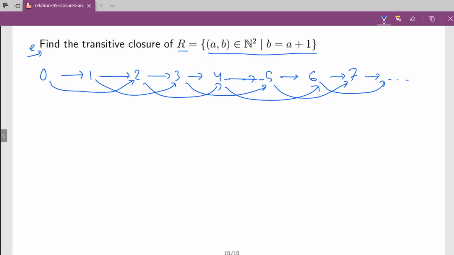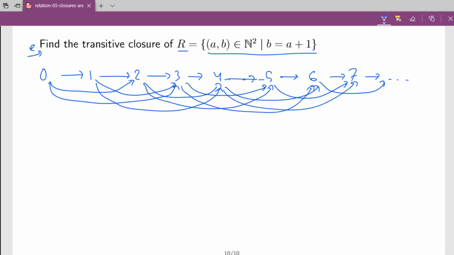Now, because we have a shortcut from 0 to 2, for example, then you must have a shortcut 0 to 3. Also, similarly from 1 to 4, 2 to 5, 3 to 6, 4 to 7, 5 to 8, and so on.